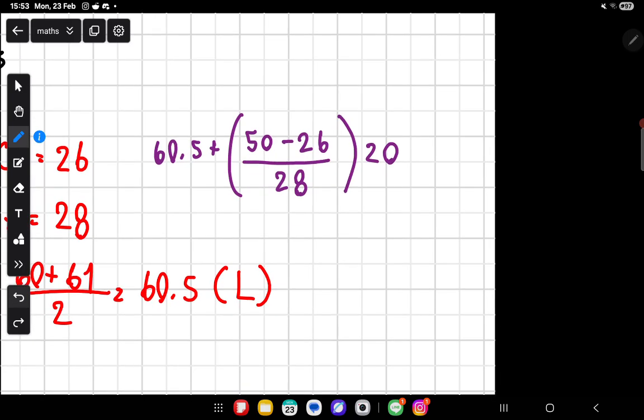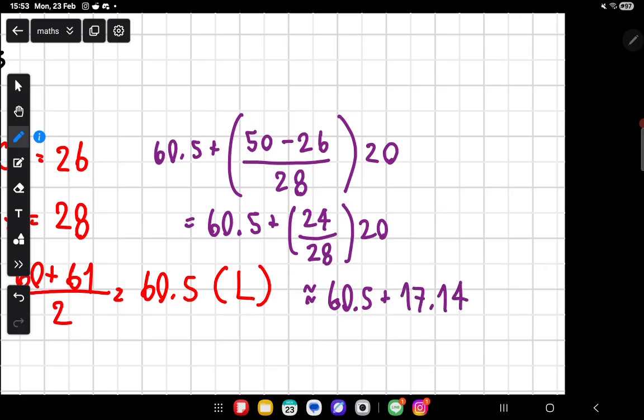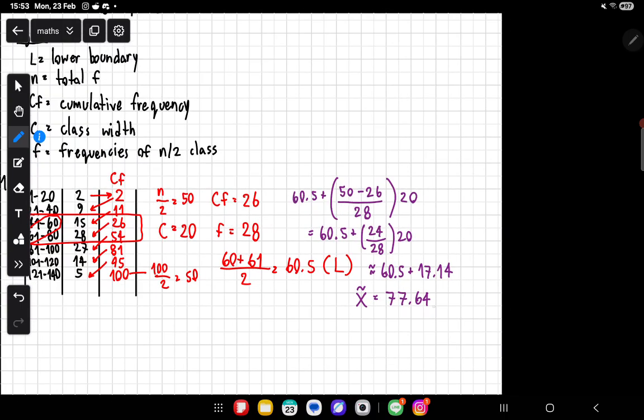It will be a lot to take in, but it will get easy if you practice hard enough. 60.5 plus 24 over 28 times 20. Now, I'd say we have to approximate this. So it's 60.5 plus 17.14. So our median is 77.64. And that is the answer for example number 1.